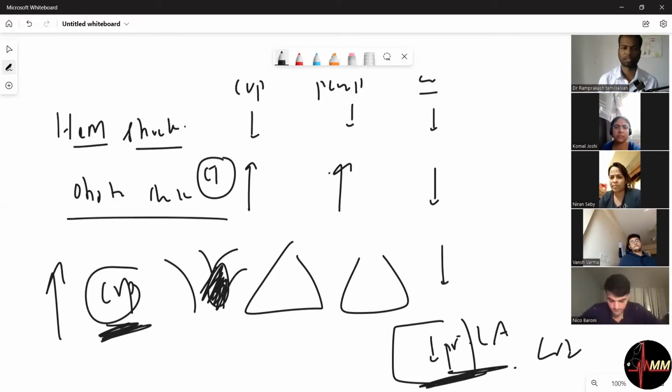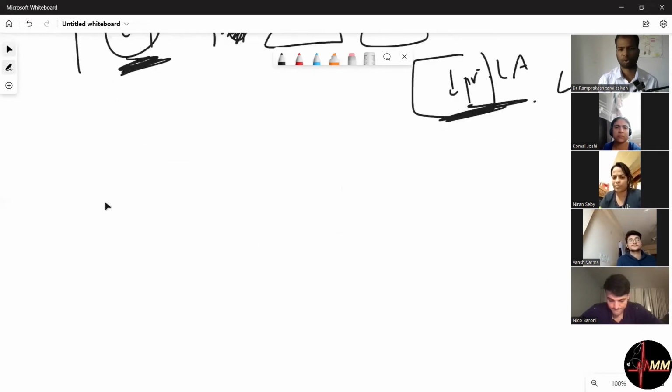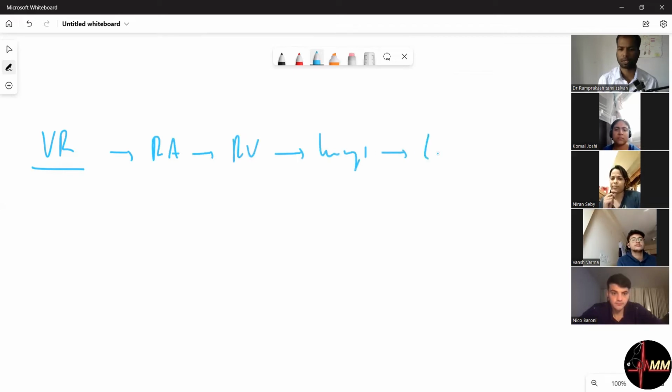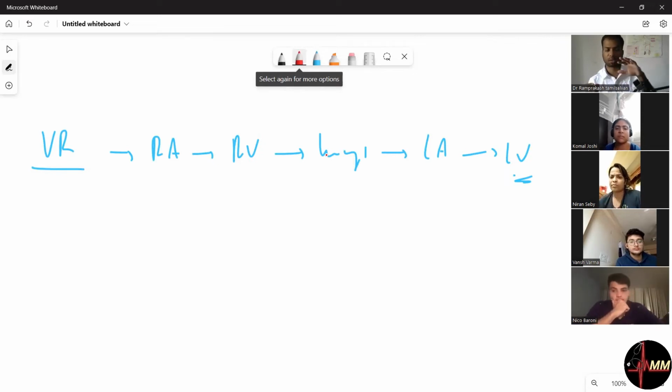Before that, I'm going to recall one thing. Here is the venous return, that is the preload, going to the right atrium, to the right ventricle, to the lungs, and from the lungs to the left atrium, left ventricle, and here is the cardiac output. Wherever I put an obstruction, the pressure upstream is going to be very high and downstream it is going to be low.